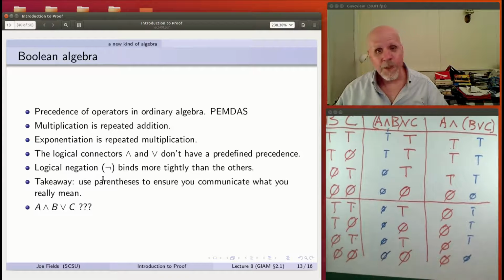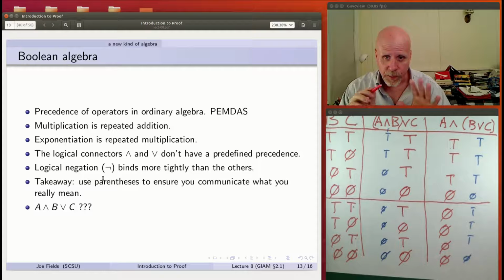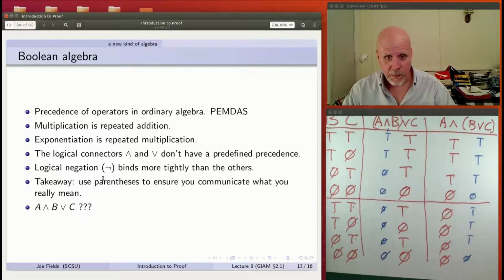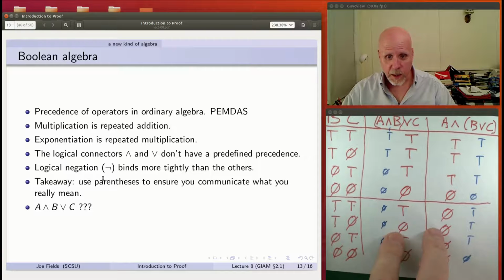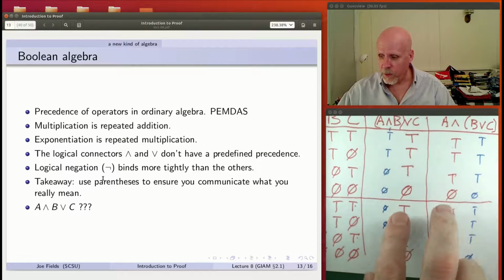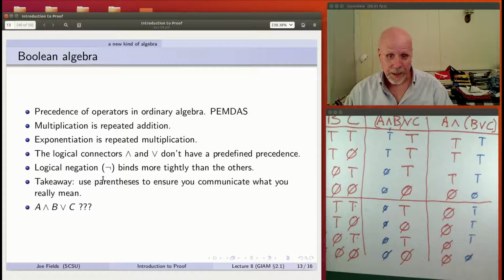Well, this actually raises a point that's of some importance. What does it mean for them to be the same? What does it mean for two logical things constructed out of the predicate variables and these connectors to be the same? Well, I take it to mean they have exactly the same truth tables. That is, the pattern of T's and F's you're seeing should be the same, and they're not.